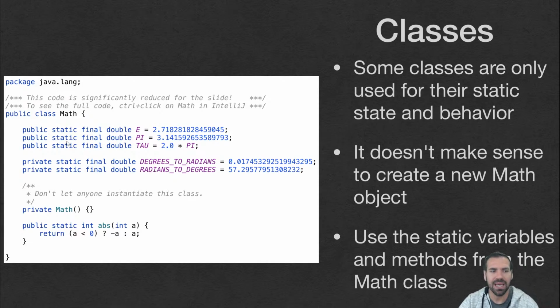So the math class has a lot of static stuff. Just about everything in the math class is static. The math class is made to be a collection of methods that you call that basically act as functions. Just like our problem set from task 1, the math class is basically like that.